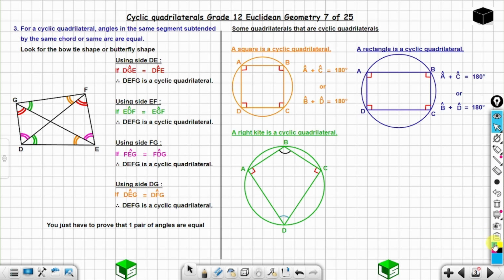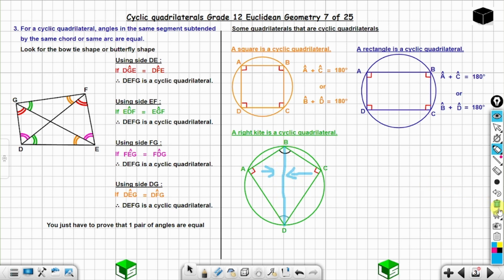The longer diagonal, you have it from there. This is the longer diagonal.